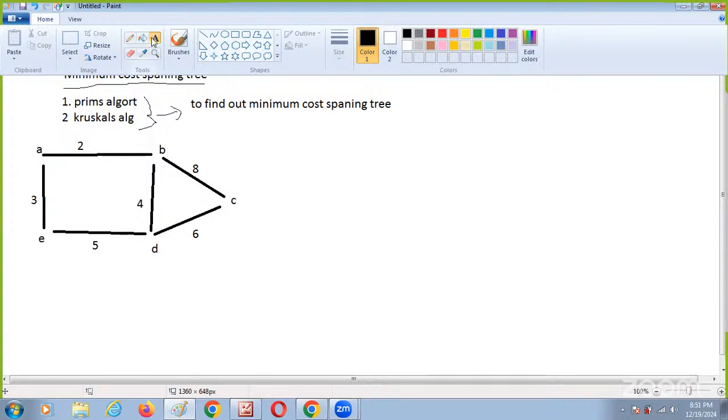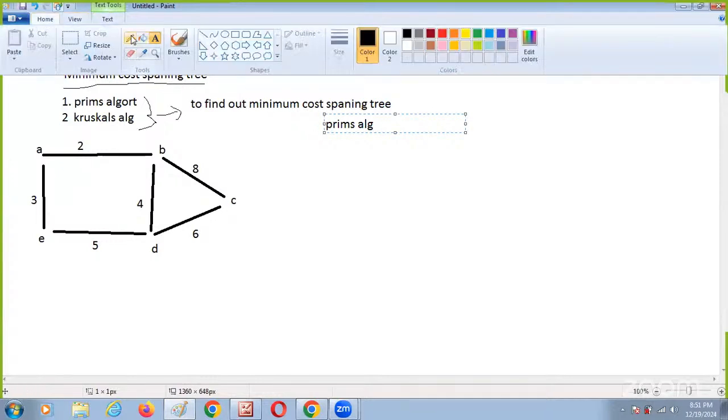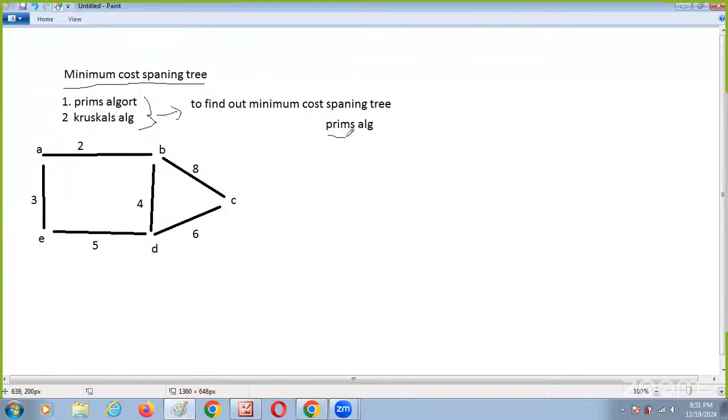But now I am focusing on how to use Prim's algorithm and how to use Kruskal's algorithm. First, we will go for Prim's algorithm. What is Prim's algorithm and how can we find the minimum cost spanning tree?